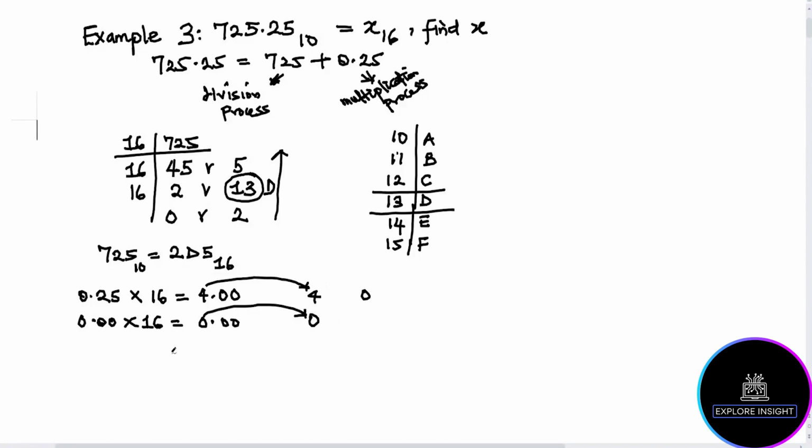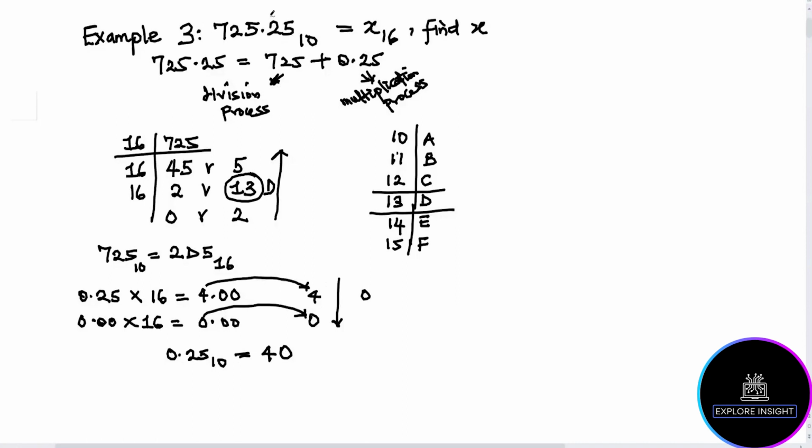So 0.25 in base 10 will give us, okay, our arrow will go downward, that means from top to bottom. So our value will be 40. So 0.25 in base 10 will give us 40.